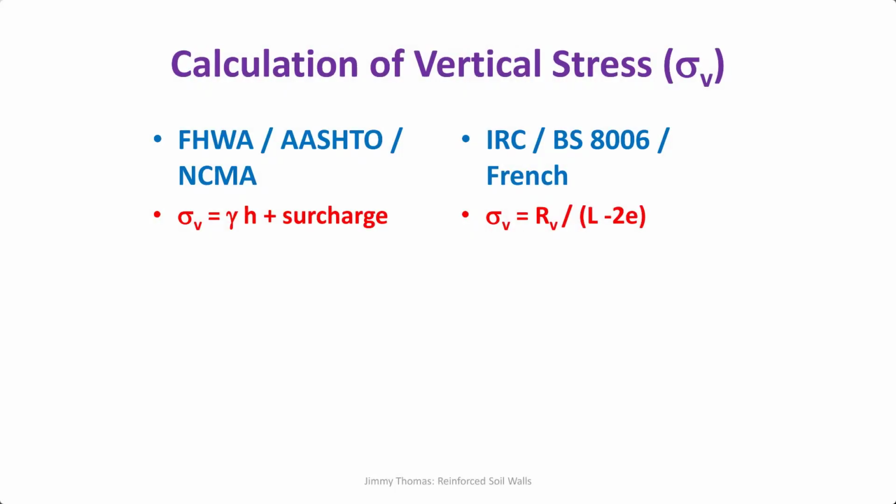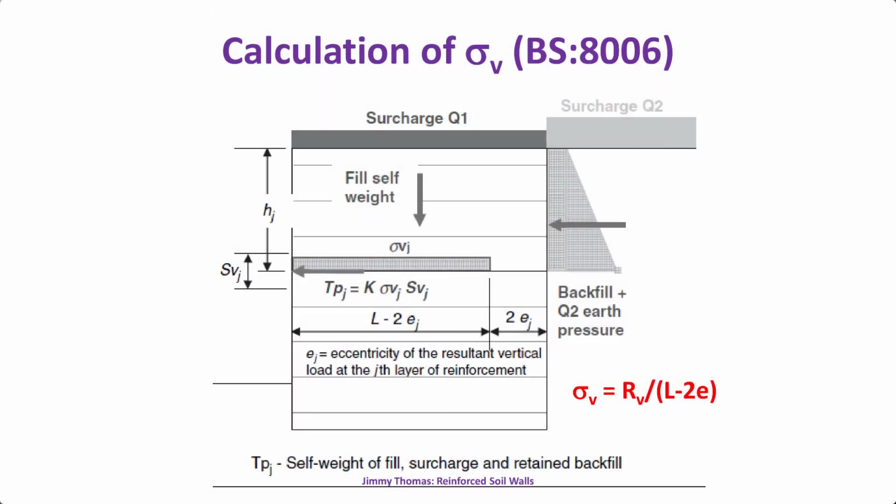But if you look at BS and French code, they take a slightly different approach. I add up the vertical forces, again the surcharge, then I look at the horizontal force and calculate the eccentricity. So RV by L minus 2A. This becomes my vertical stress.